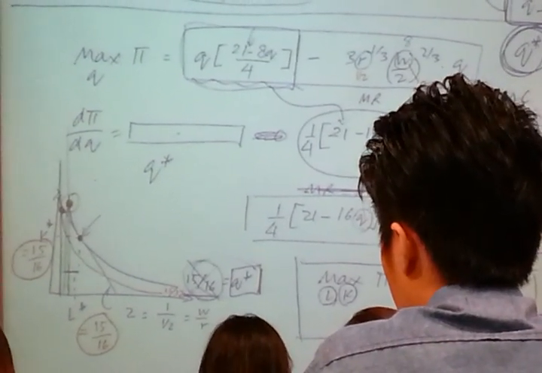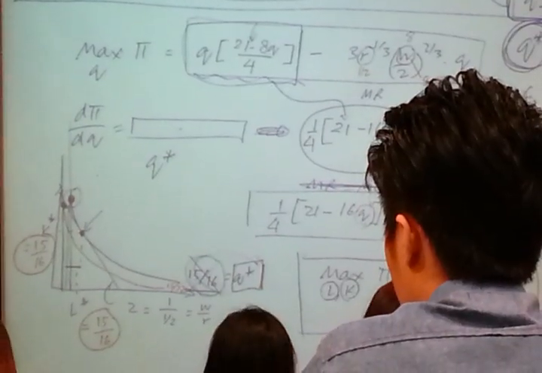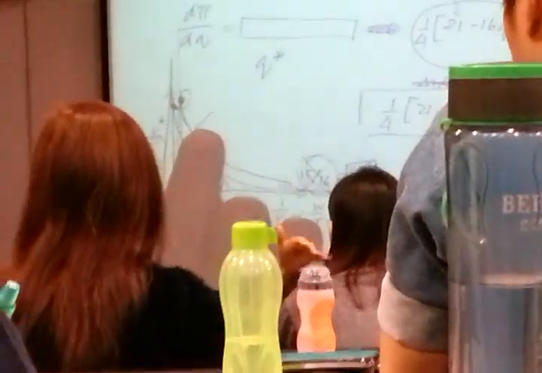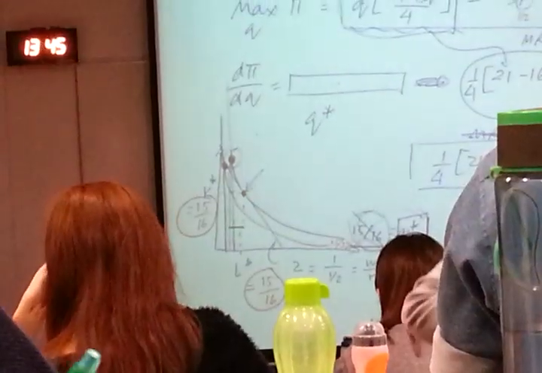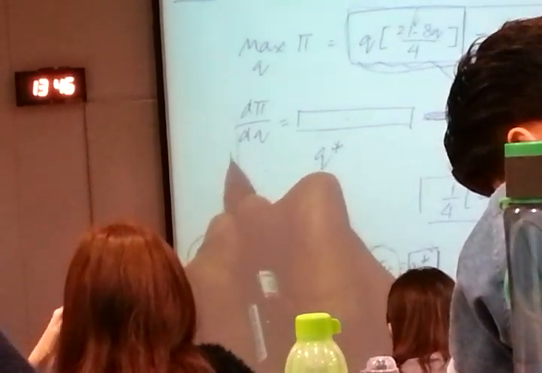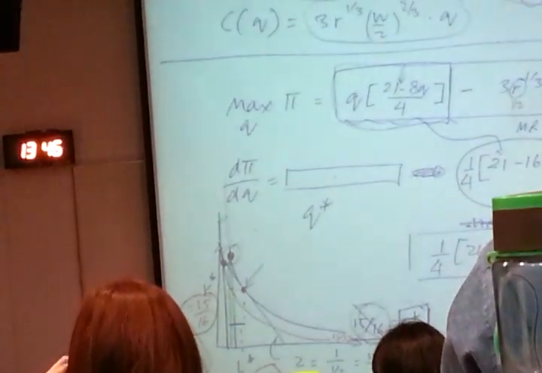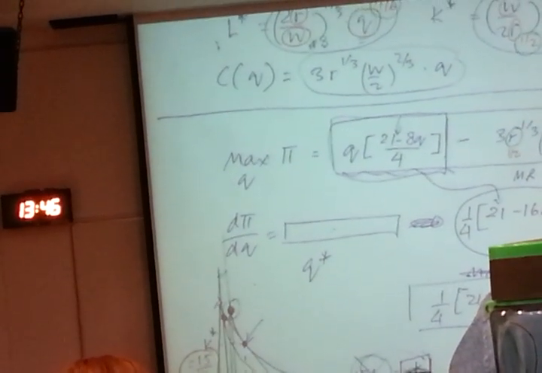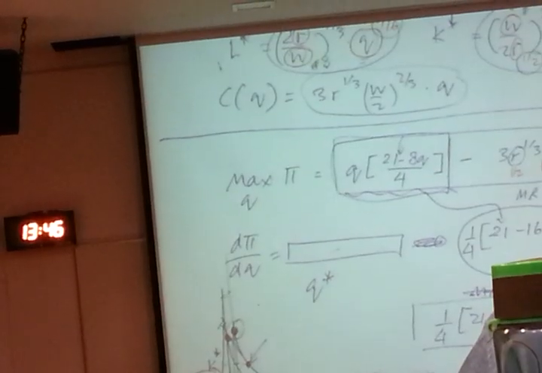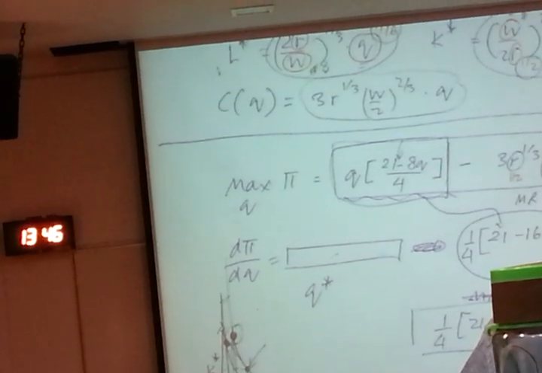Okay, that's the idea. And the change from the original value to the new value is called the output effect of the price. From here to here, as long as the isocost line has the same slope, no substitution effect is happening. So the change from this L star to this L star is called the output effect of the price.